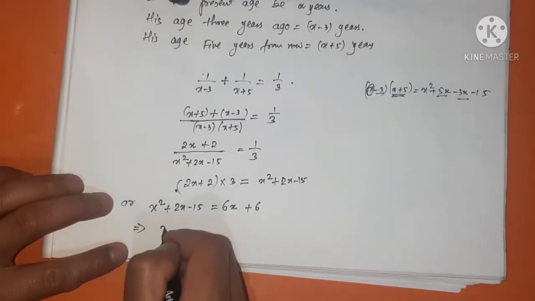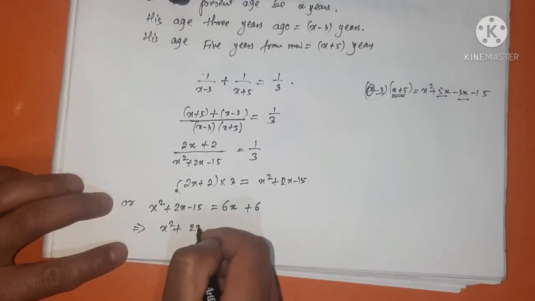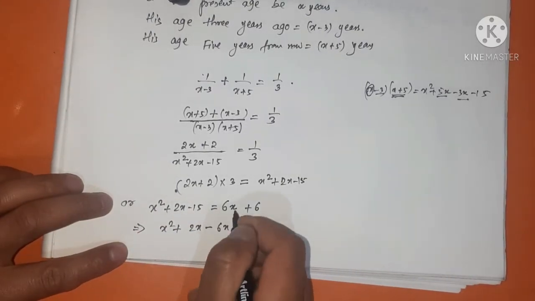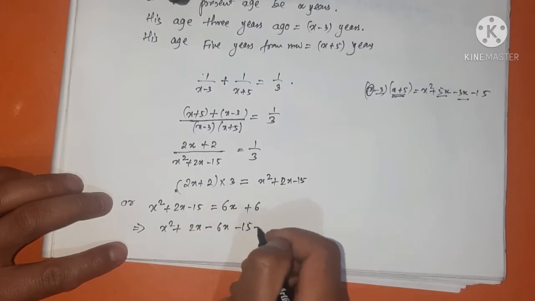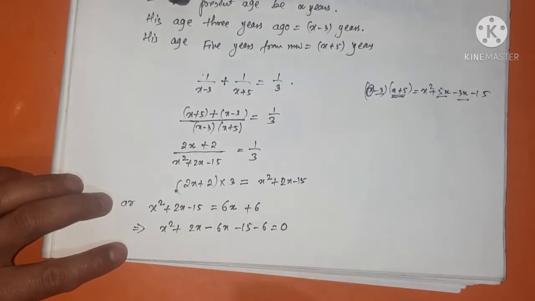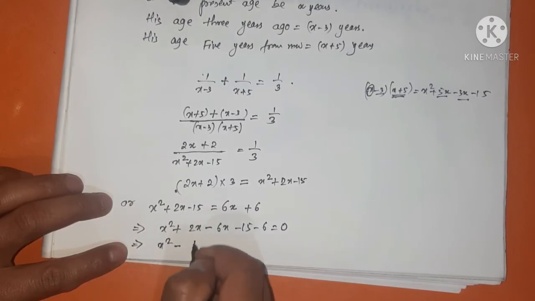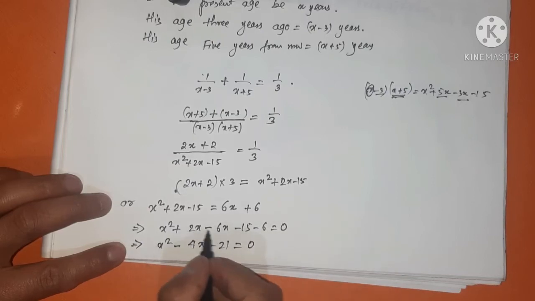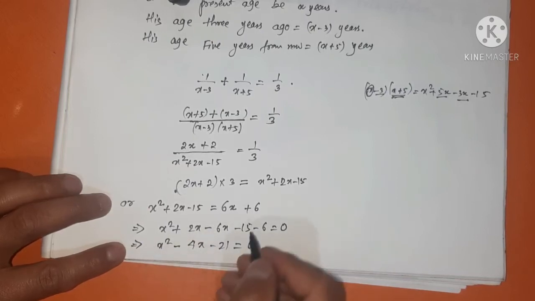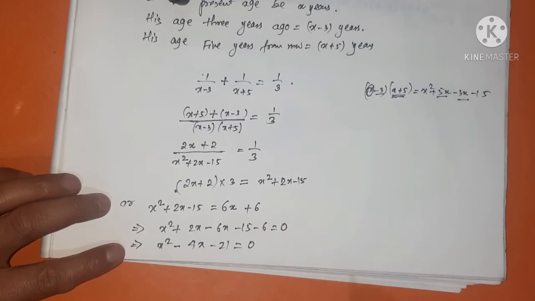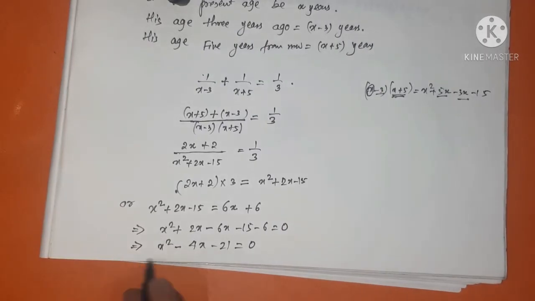This further implies x square plus 2x minus 6x, this comes this side, minus 15 minus 6 is equals to 0, right? This gives you x square minus 4x minus 21 is 0. 2x minus 6x, that is minus 4x, minus 15 minus 6, it is minus 21. So this is our standard form of quadratic equation, right?